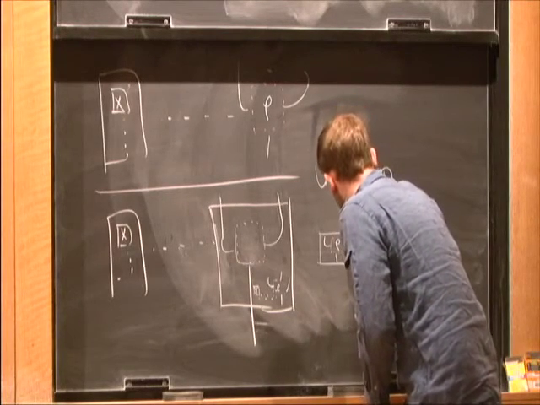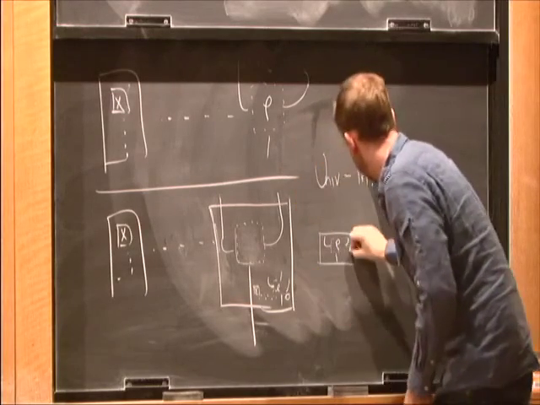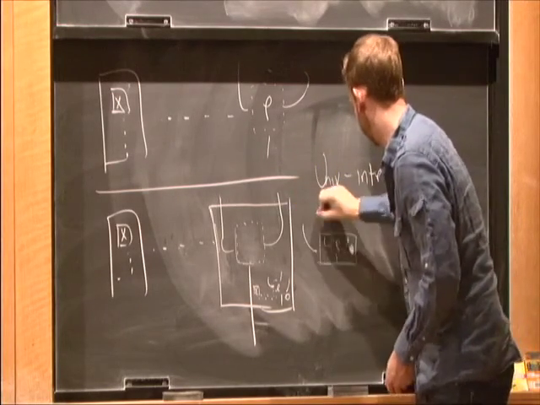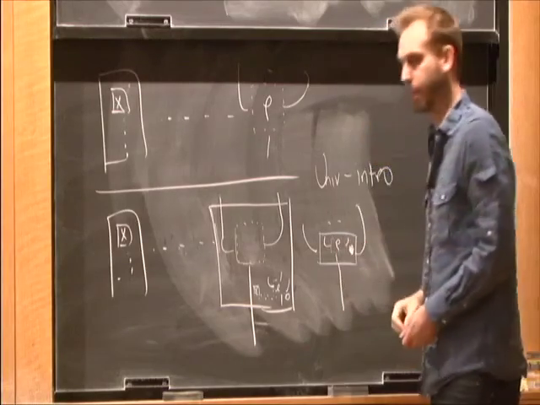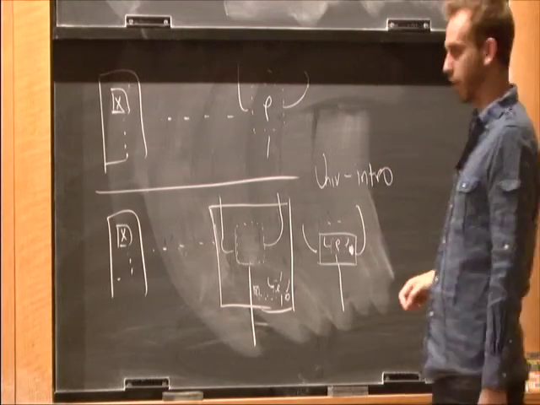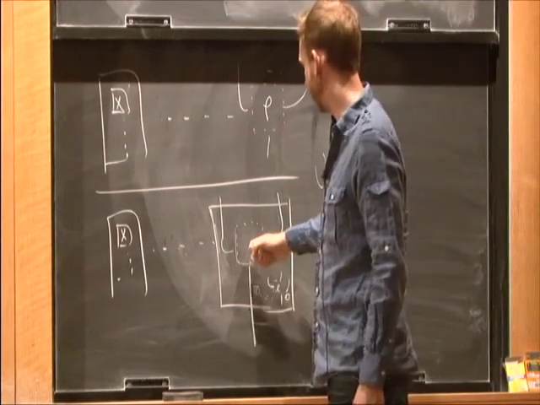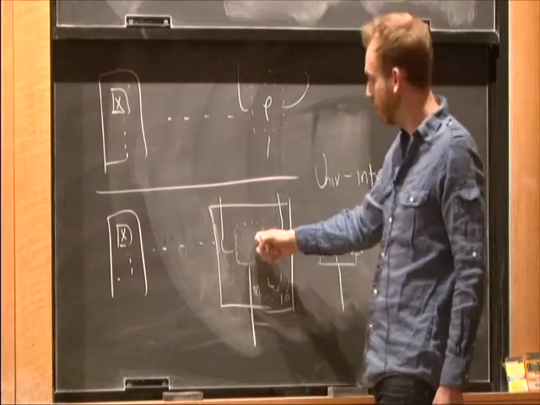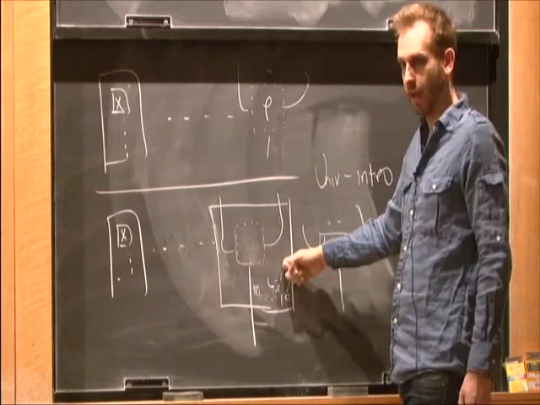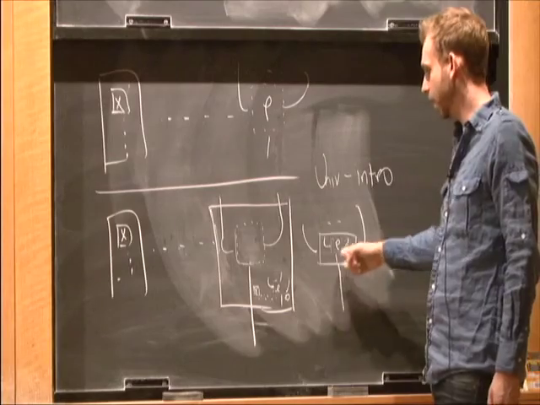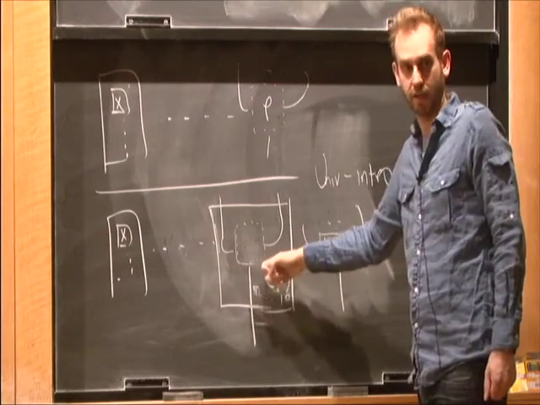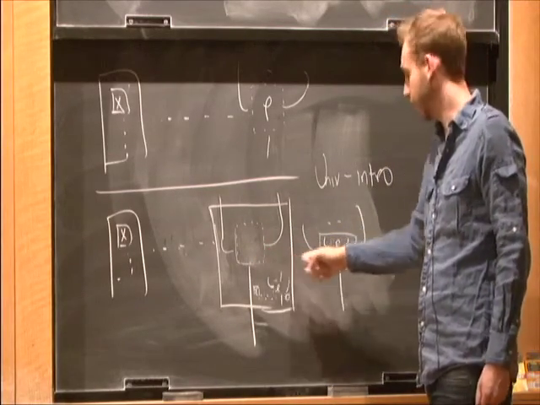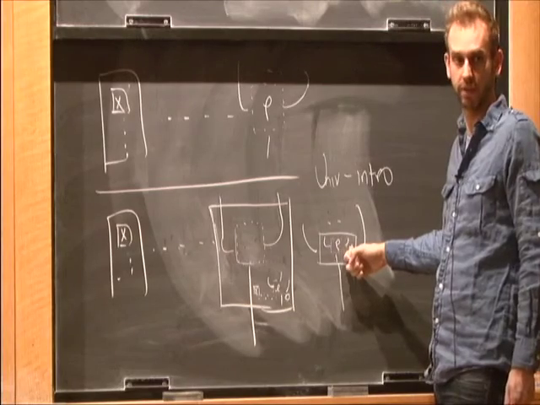This time, instead of a single dot for the composition, I'll draw a solid dot for the filler. So this now says that if you have a pasting diagram, you can form its composite, and living between the pasting diagram and the composite on the other end is what I'll call a universal cell.